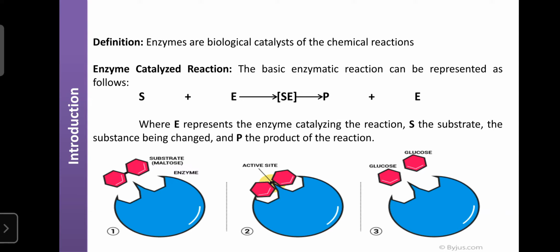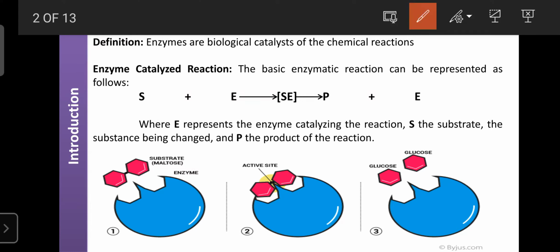Regarding enzyme-catalyzed reactions, it will be represented as follows. S indicates a substrate. The substrate can react with the enzyme. The enzymes have various active sites on their surfaces, and these active sites can occupy the substrate.